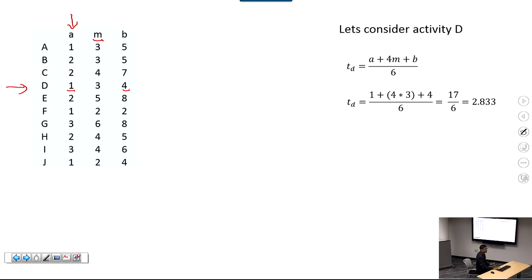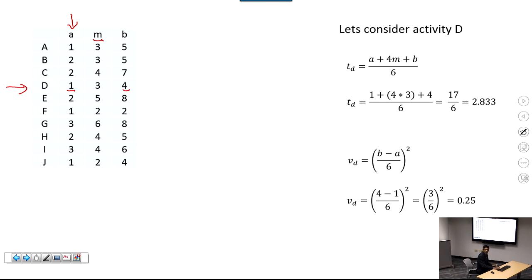There is another parameter associated with these 3 time estimates. This is called a triangular distribution. The other parameter is the variance of the activity. The variance for activity D is ((B minus A) over 6) squared. I put the numbers in, and I find that the variance is 0.25.